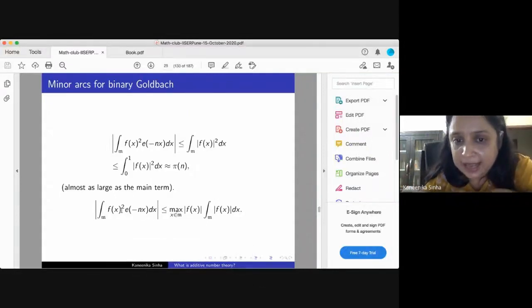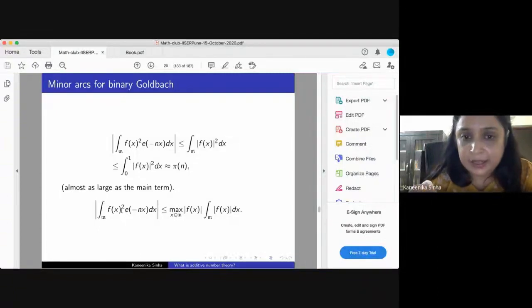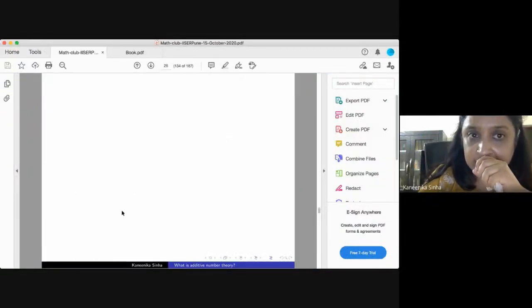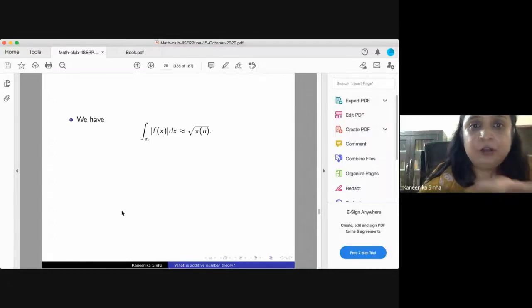Now, when you take absolute f of x outside, what you have to actually bring out is the maximum possible value of absolute f of x as x runs over the minor arcs. And now what is happening is you've already shown that the integral of absolute f of x dx over the minor arcs is of the order of root pi of n.